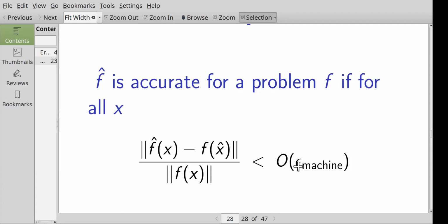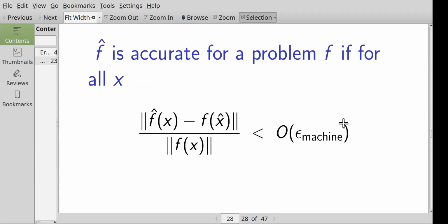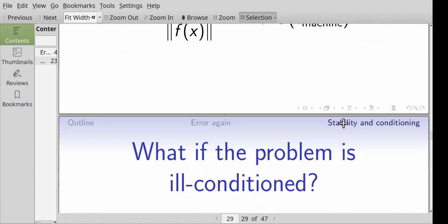And if that's less than on the order of the machine epsilon, then I'll say that f hat is accurate.